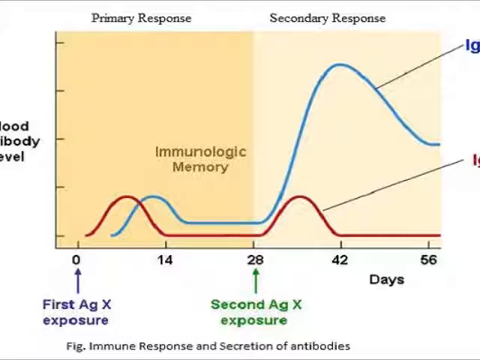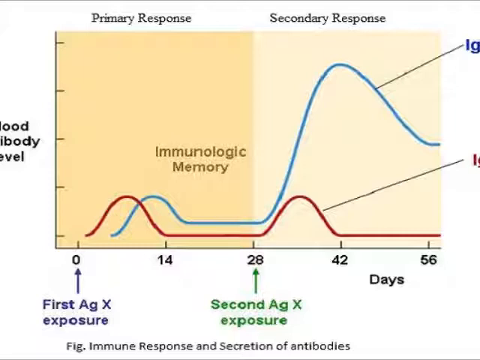In the primary response, the amount of antibody produced depends on the nature of the antigen. It's usually a low amount. However, in the secondary response, it goes all out and produces 100 to 1,000 times more antibodies. Now, in the primary response, the antibody level will drop off rapidly, but with the secondary response, that level will remain high for a longer period.